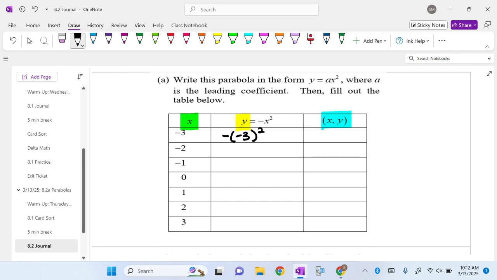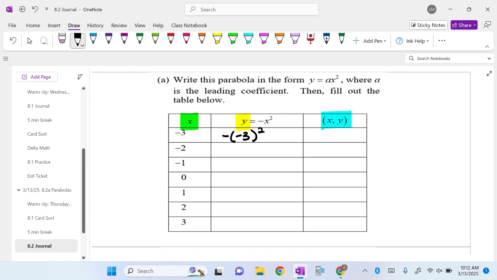So, by order of operations, what do I do first? Do I distribute this negative to the negative 3, or do I do the square first? You do the square first. All right. So, what is negative 3 squared? Not negative 9. Positive 9.